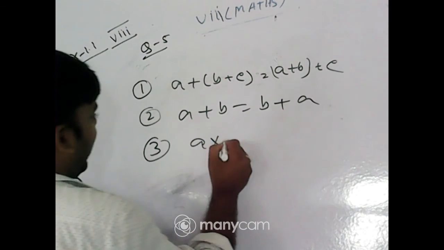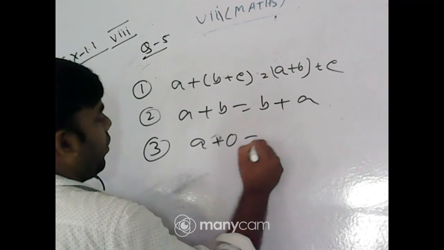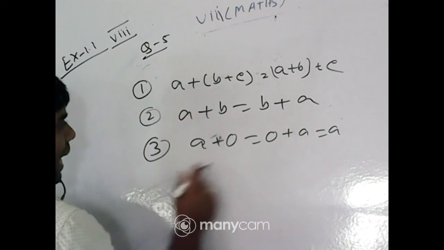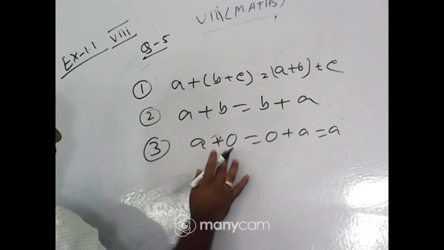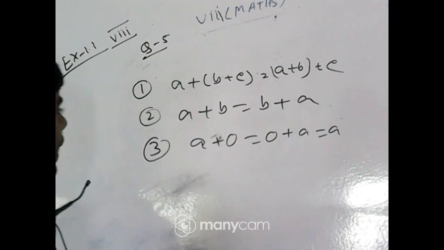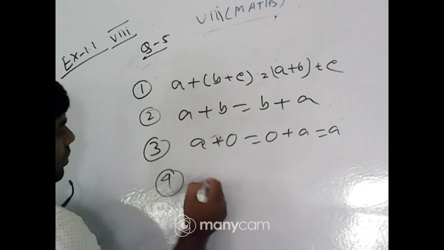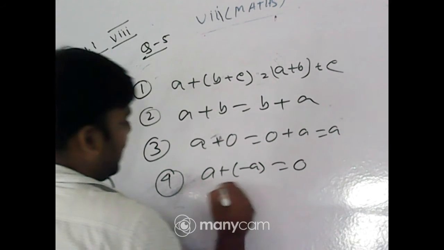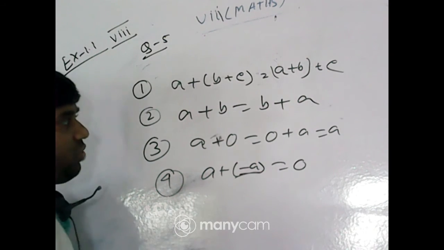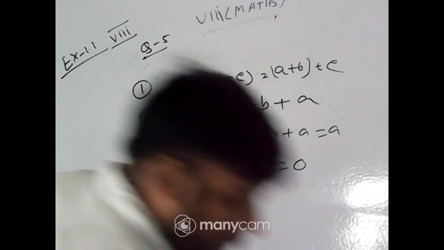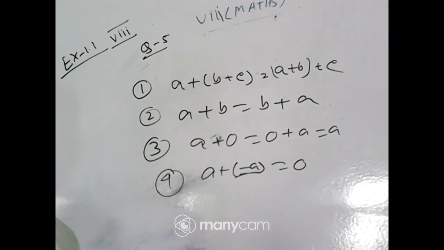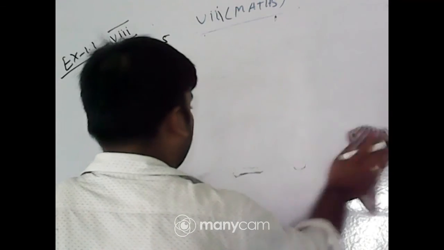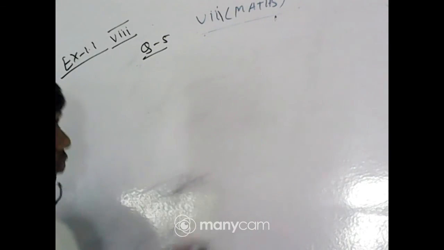A plus 0 equal to 0 plus A equal to A. That is the additive identity. 0 is the additive identity. And the last one, that is the additive inverse. These four properties are known. Again, this is for plus, and for multiplication you practice at your home.